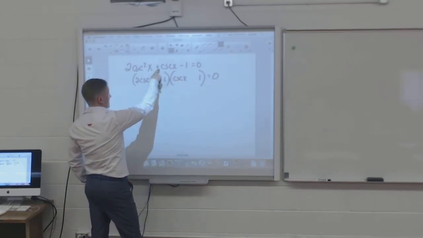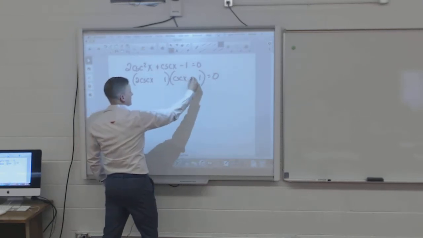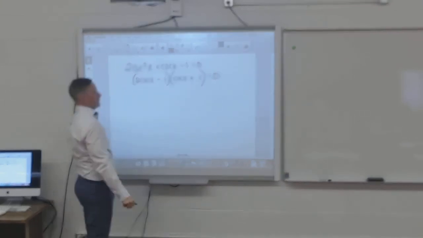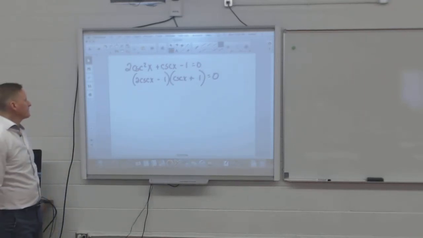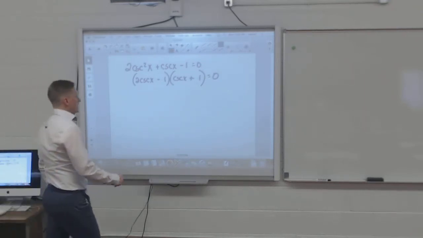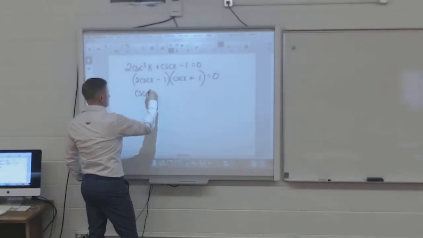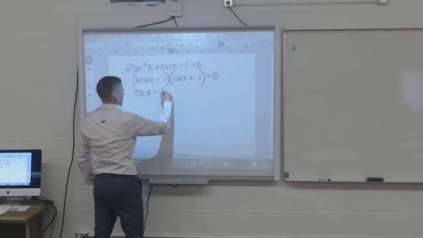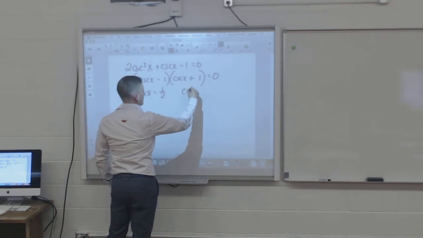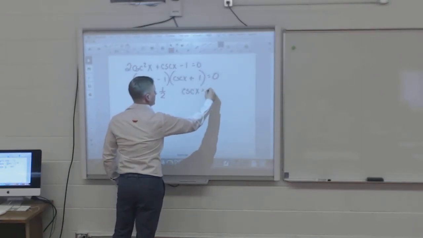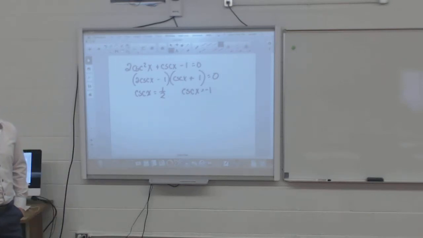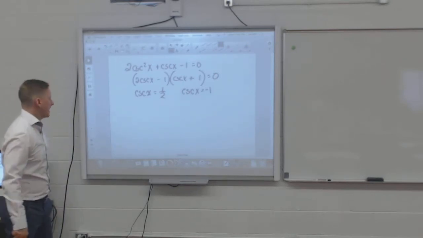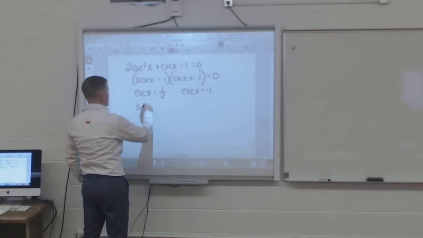I need a plus 1, so that means the 2 has to be the larger one. Quick factoring, right? Then that means cosecant x is equal to 1/2, agreed? And cosecant x is equal to -1. But I don't work with cosecant, I work with what? Sine.